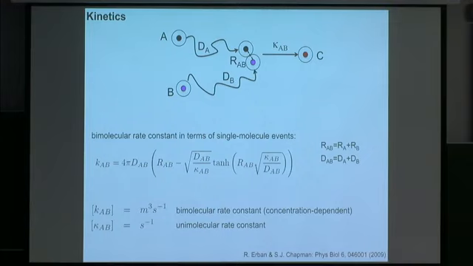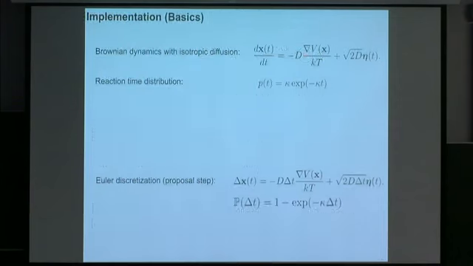So what we can do is to do short benchmark simulations in order to parameterize the microscopic rate in order to implement a certain macroscopic rate. And if there are simple interaction potentials, like radial interaction potentials, then I guess you can still do that numerically somehow. Okay, basic implementation is simple.